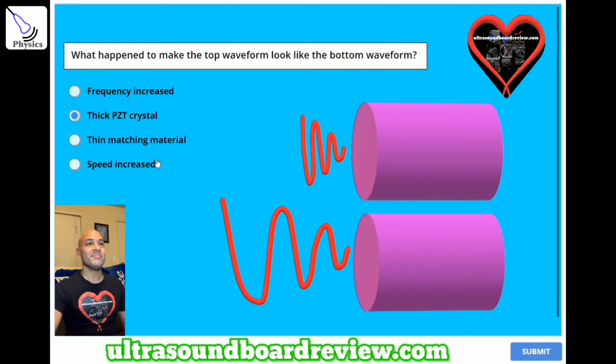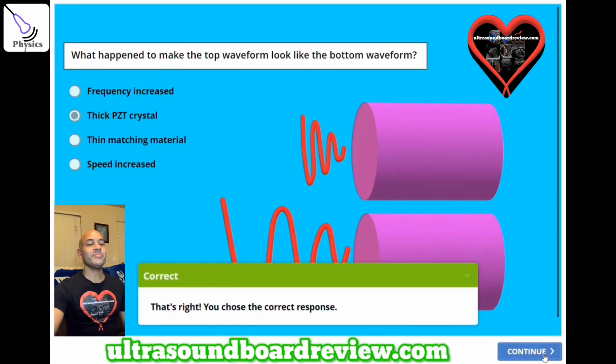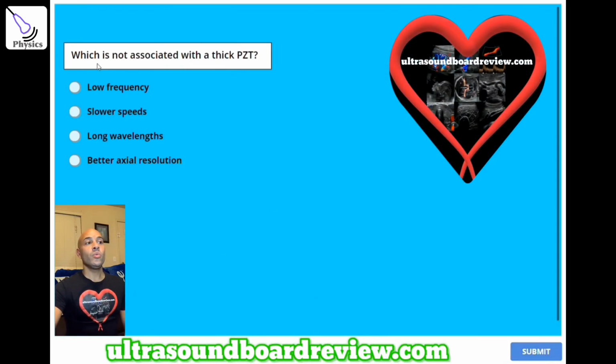Question number 16. Which is not associated with a thick PZT? A. Low frequency, B. Slower speeds, C. Long wavelengths, or D. Better axial resolution?